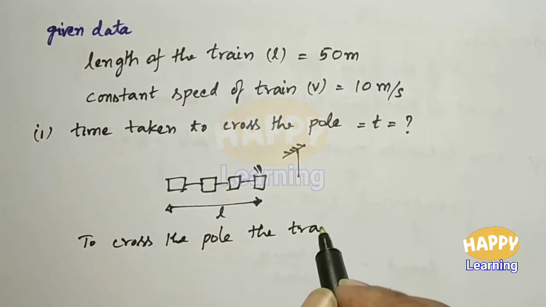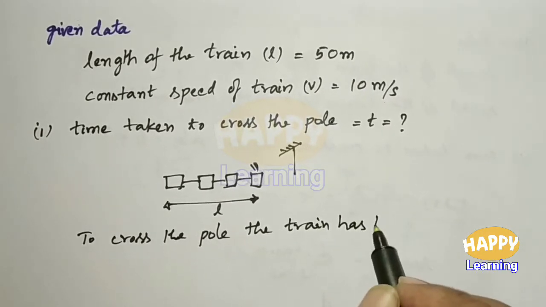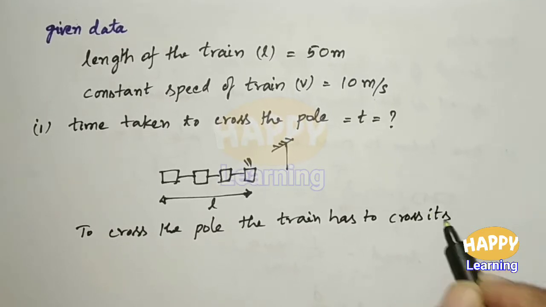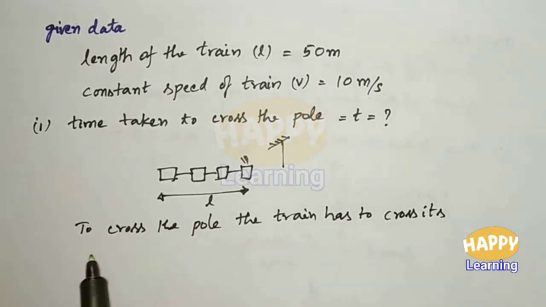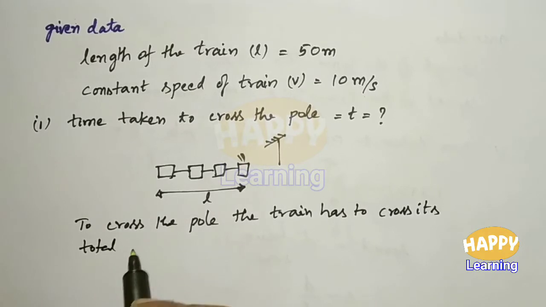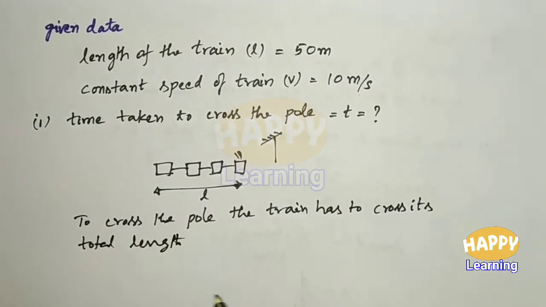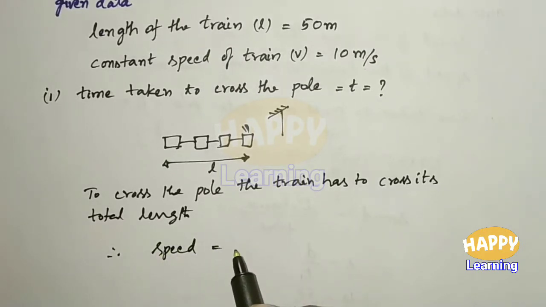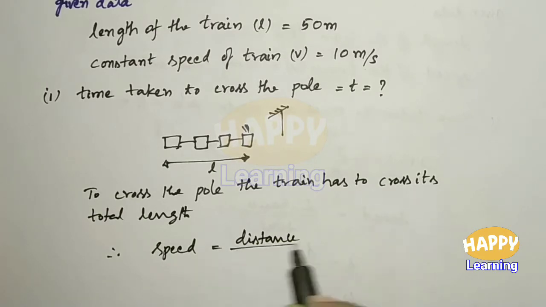To cross the pole, the train has to cross its total length, from engine to the guard bogie, the last bogie. Therefore, speed is equal to distance by time. That is the formula I am using.